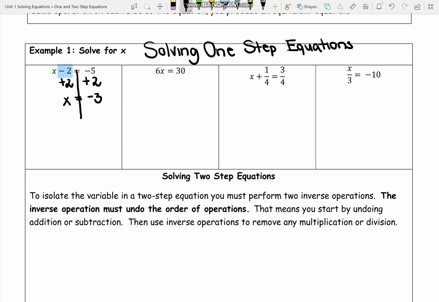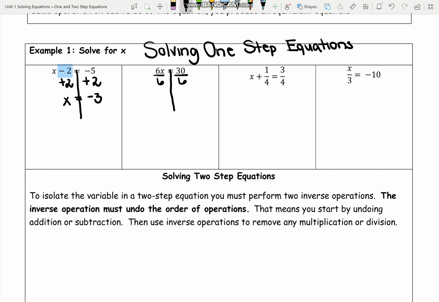Moving on to my next problem. Again, I'm going to split my equation into the right side of the equation and the left side of the equation. And when I read the left side of the equation, this is 6 times a number is 30. So what is the inverse operation of times? That is to divide. We're going to use a fraction bar to indicate division.